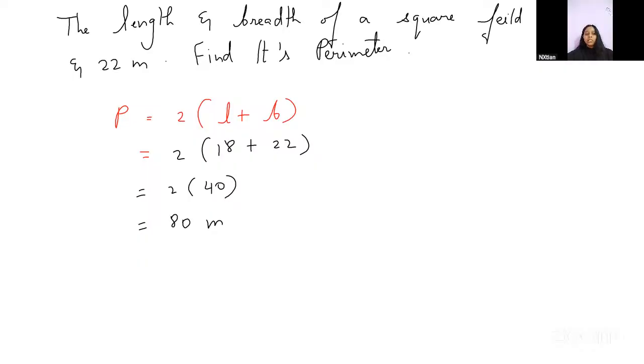Write the length equals this, breadth equals this, and then the solution. The length is 18, right?